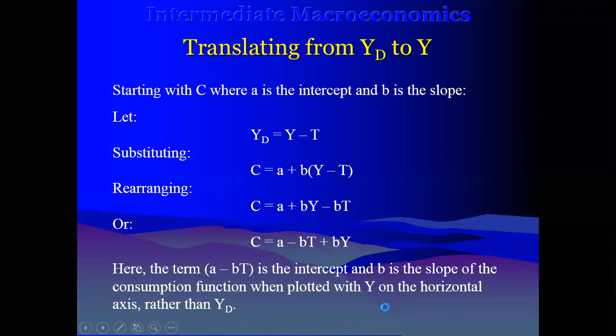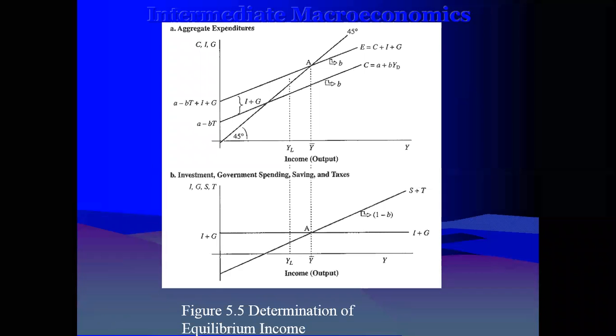So if we want to use the graph to show the equilibrium, now this is the consumption function with respect to Y, because now we are using the horizontal axis as Y, not YD. So the intercept is A minus BT. We use the 45 degrees line as the Y line, the output line. And then this is our expenditure curve.